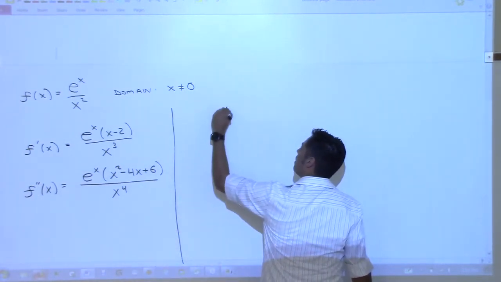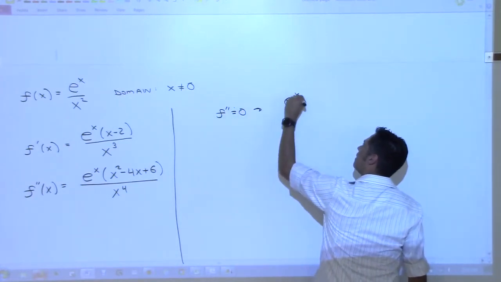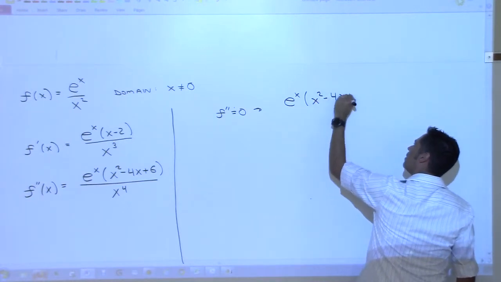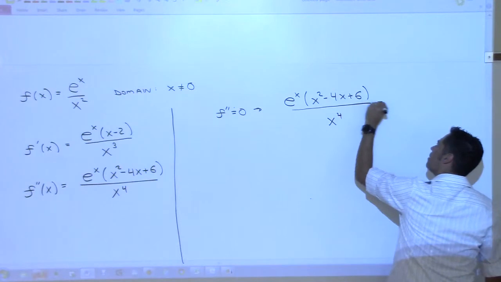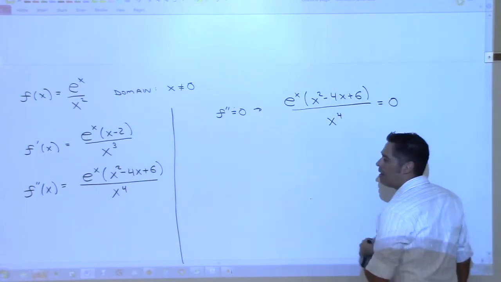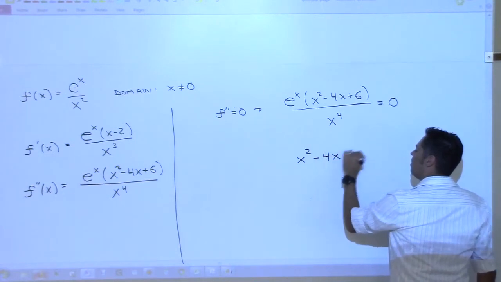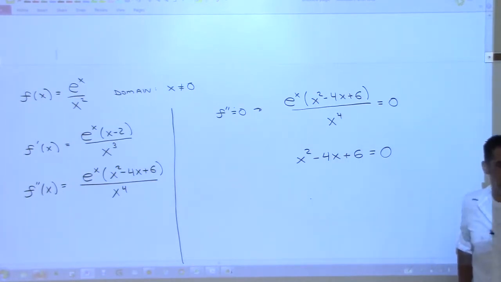So the second derivative equal to 0 means I'm setting e to the x times x squared minus 4x plus 6, all over x to the 4th, equal to 0. I only have to worry about when the top is 0. But why am I leaving off the e to the x? Because it's never 0, right? So this is really the only thing that I need to worry about.